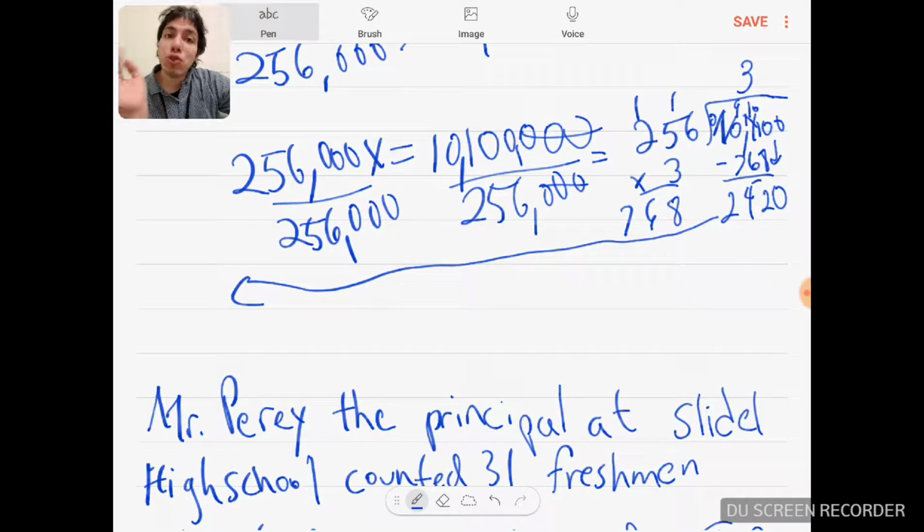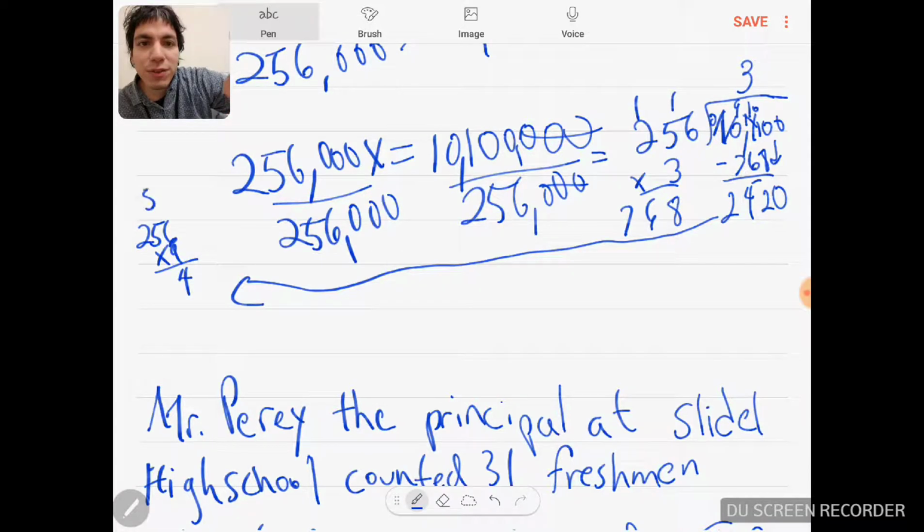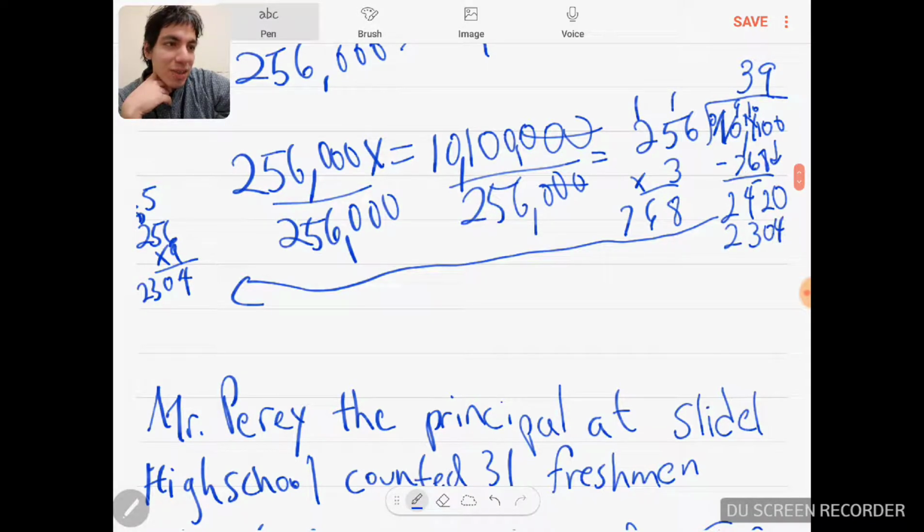But if I shortened it by 1, multiplying 256 times 9, I'd get 2,304. I like how I said I was going to do it that way. I meant by the multiplication part.